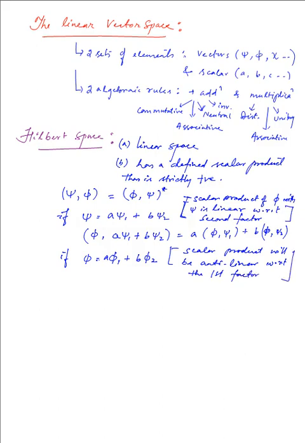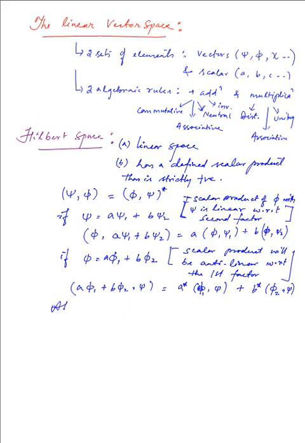That is, a phi 1 plus b phi 2, scalar product with psi, is equal to a conjugate phi 1 psi plus b star conjugate, that is phi 2 psi. This is obviously phi 1.